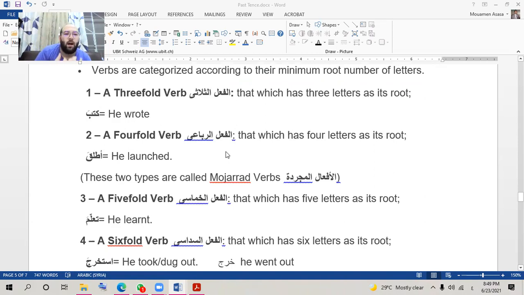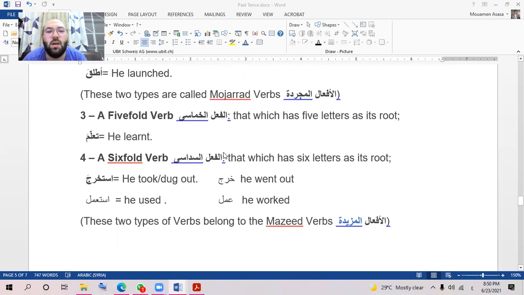So in Arabic, if you open the dictionary, you can see that all Arabic verbs go back to the past tense. If you have any verb you want to know, you turn it to the past tense and you search for it. So this is the way of searching for the meaning of verbs in Arabic.